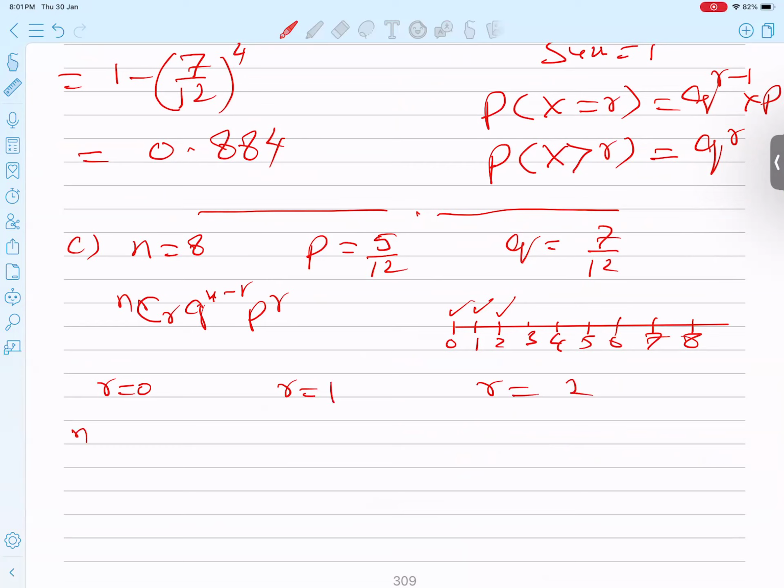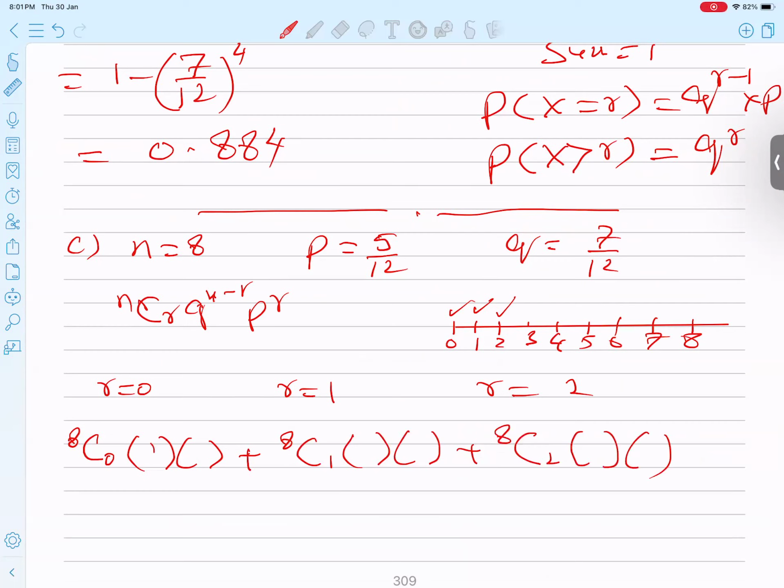So let's apply: 8C0, then 8C1, then 8C2. I believe the point is clear. In each first bracket write Q, which is 7 by 12, and then 5 by 12. Nothing hard up till here.